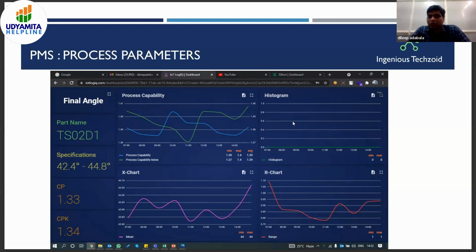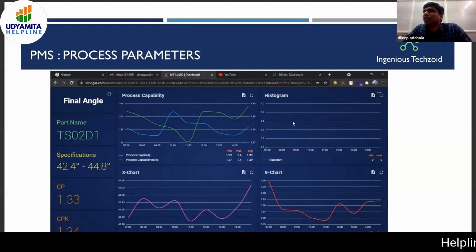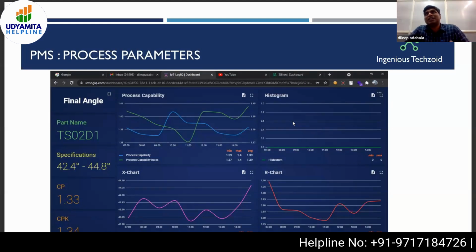Our solution will help you in identifying the problem in which hour, like why first hour production is less, why second hour production is less, and at what time these breakdowns are coming. A lot of times what happens is some operators, whenever there is a breakdown, they don't intimate to anyone.